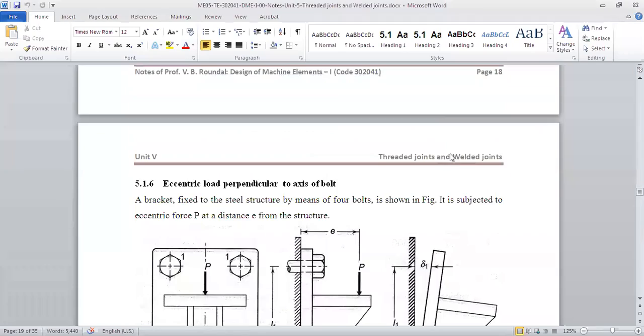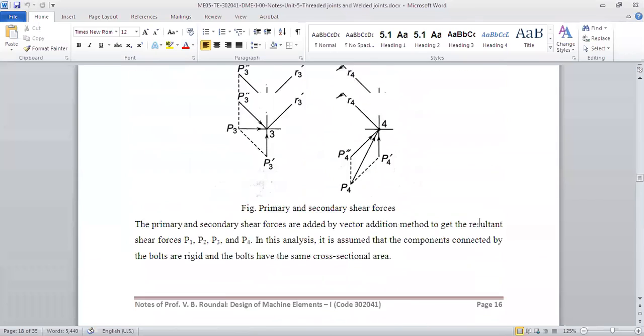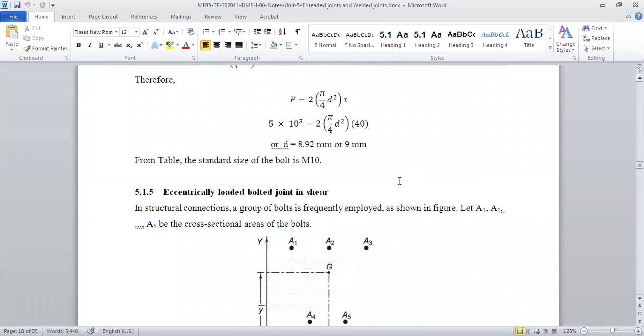Okay. In the last lecture, we completed a very important part, and we also took a numerical on that, for the eccentric loading. But that time we considered the shear failure. So the load was eccentric. It was not at the center of gravity of the bolts in the bolted joint, but it was eccentric, and that time we considered shear.